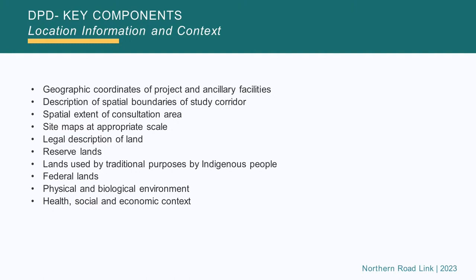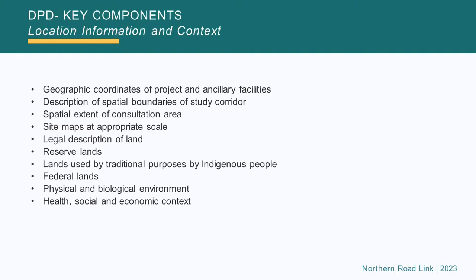A legal description of the land, identification of which lands are reserve lands and which ones are not, if that applies, lands used for traditional purposes, if there's any information on traditional lands and traditional territories of different First Nations, it's very helpful to have that information available where it is available.